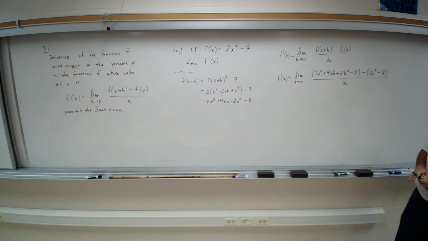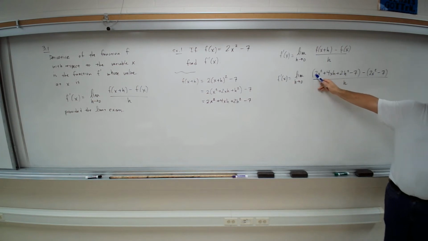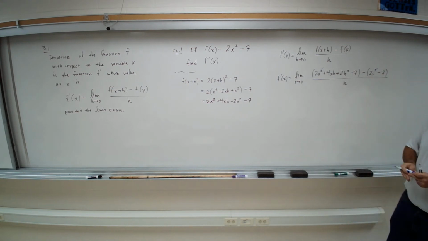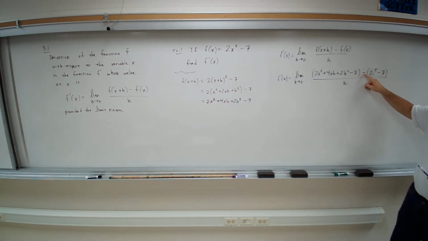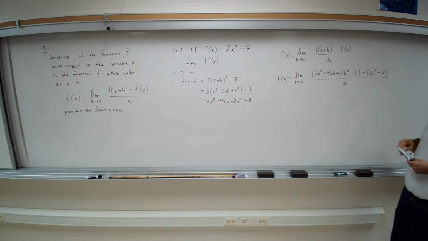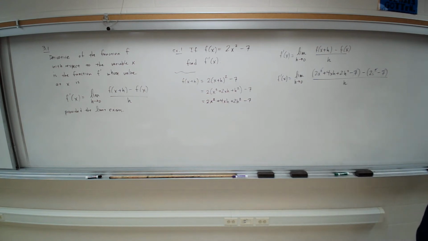So let's look at what's going to happen, though. When you distribute this, you get a negative 2x squared, correct? And there's also a positive 2x squared. So they're going to cancel. Okay, if you look, here's a negative 7. When you distribute this negative, this becomes a positive 7. So those cancel, which is really what we needed to have happen there.